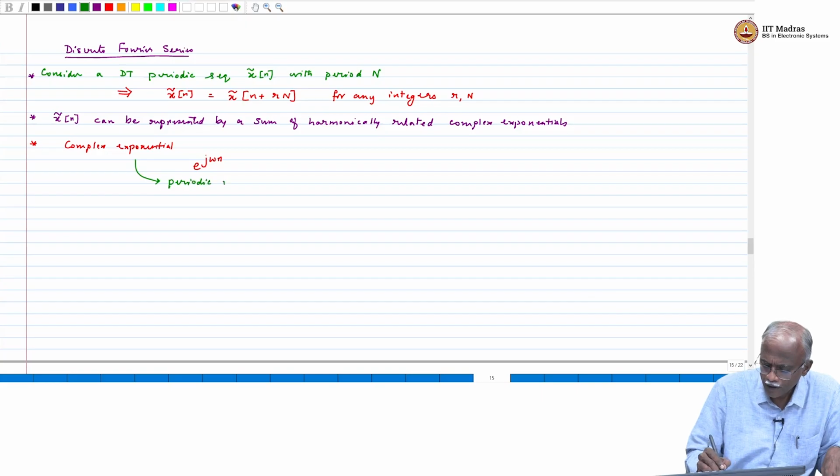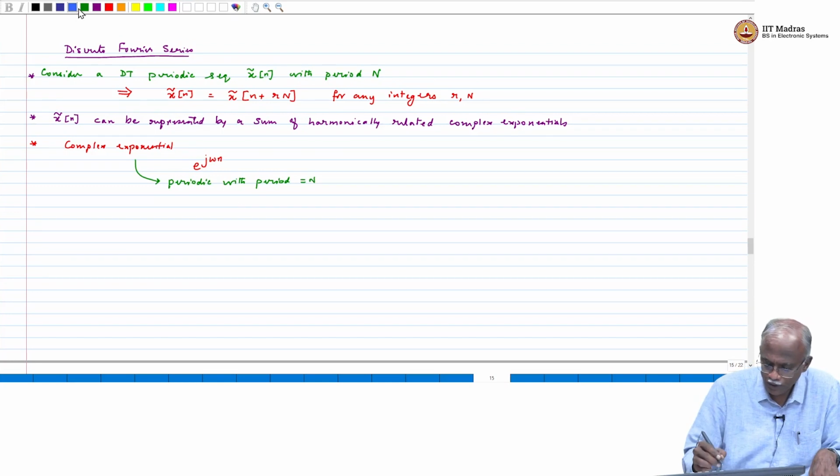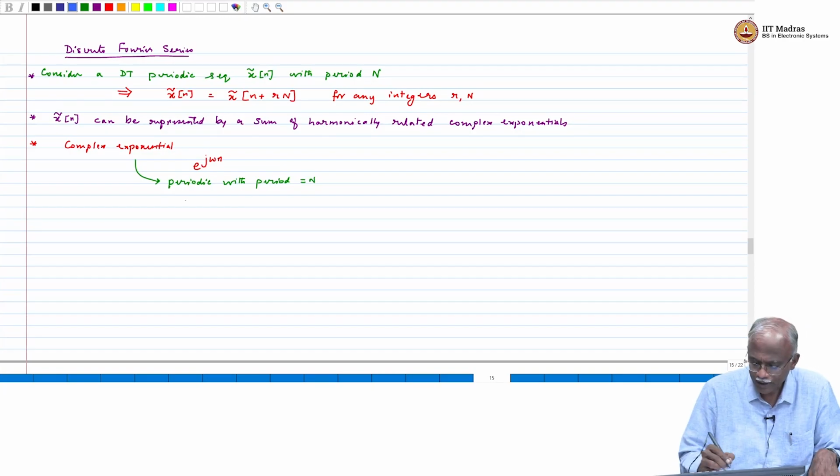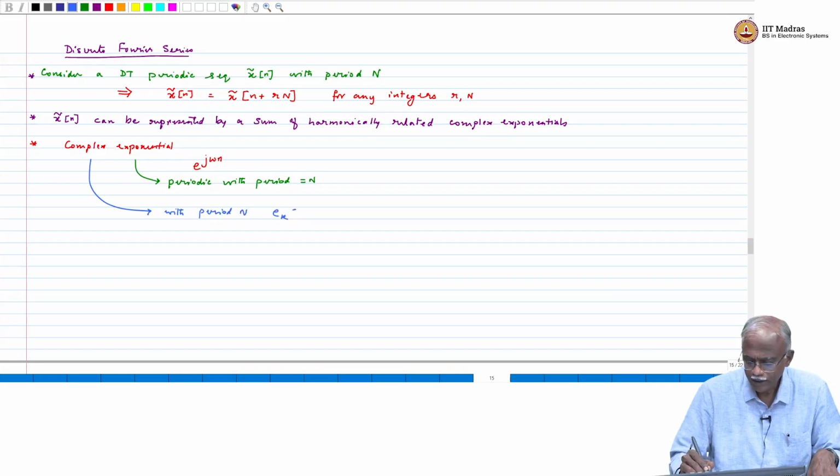We find that the complex exponentials with period N are e subscript k of n, which is given by e power j 2 pi by N k n.